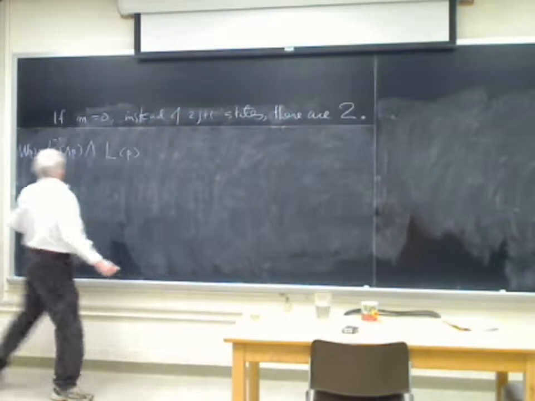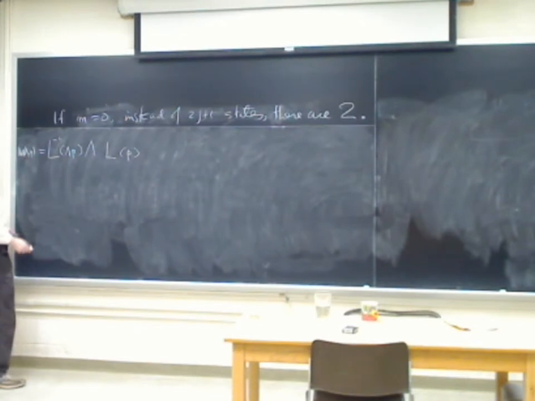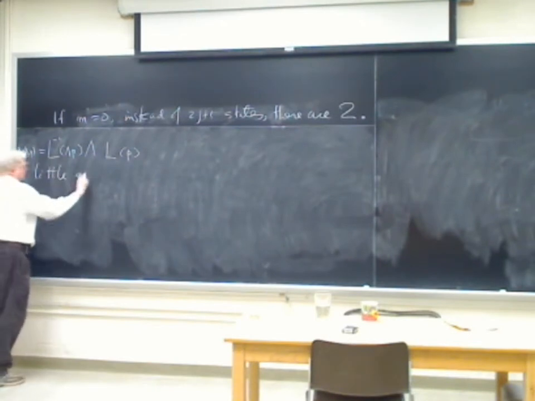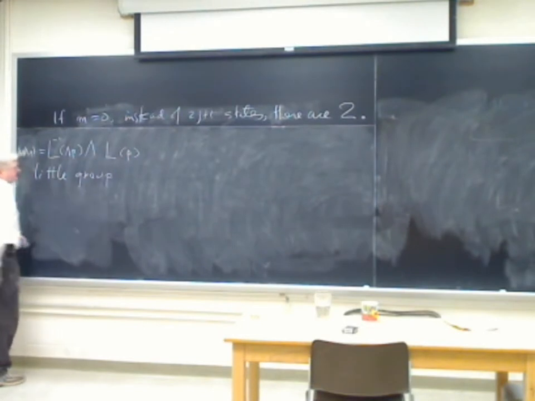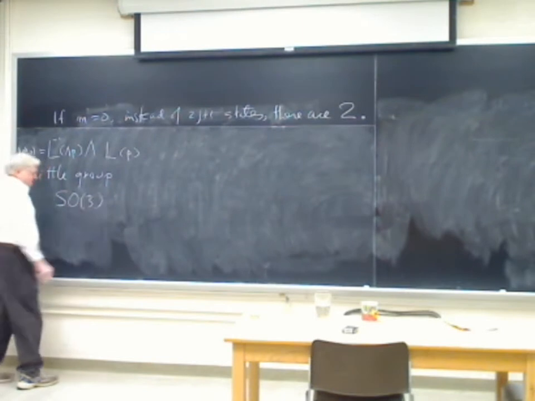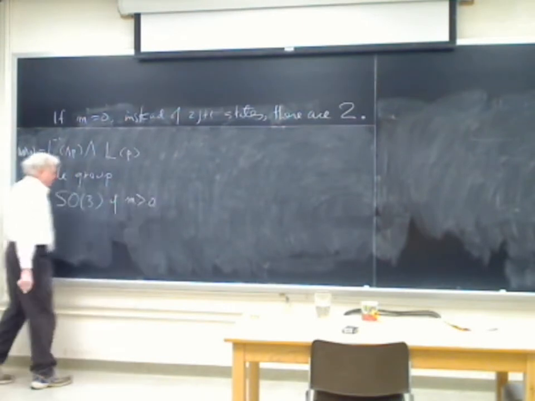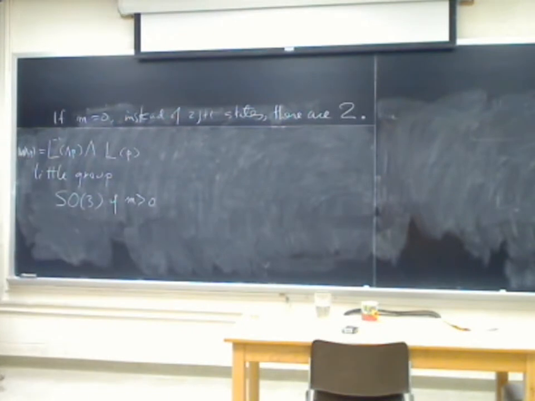I think if I get this right, I'm doing this somewhat from memory. This thing is called the little group. It turns out the little group is just SO3, the rotation group, if m is greater than 0.